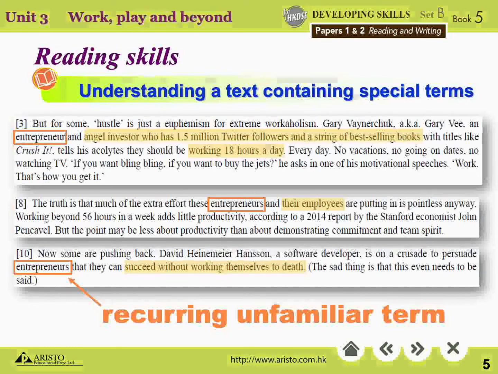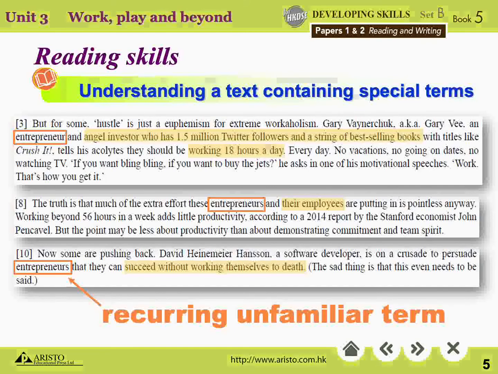The second time we encounter the word entrepreneur is in paragraph 8. From the contextual clue in paragraph 8, we know that entrepreneurs have employees of their own. This contextual clue tells us that entrepreneurs may be some kind of boss or the owner of a company. Now let's take a look at paragraph 10.